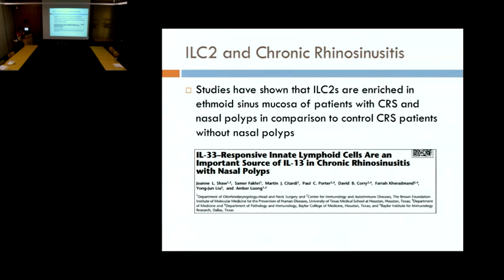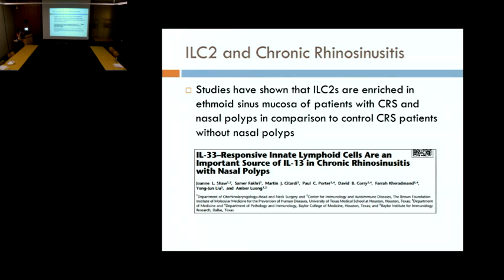In this study in the American Journal of Respiratory and Critical Care Medicine from August 2013, researchers looked at the role of IL-33 and what they call IL-33 responsive innate lymphoid cells, which are the ILC2s, because this preceded the nomenclature, in chronic rhinosinusitis.